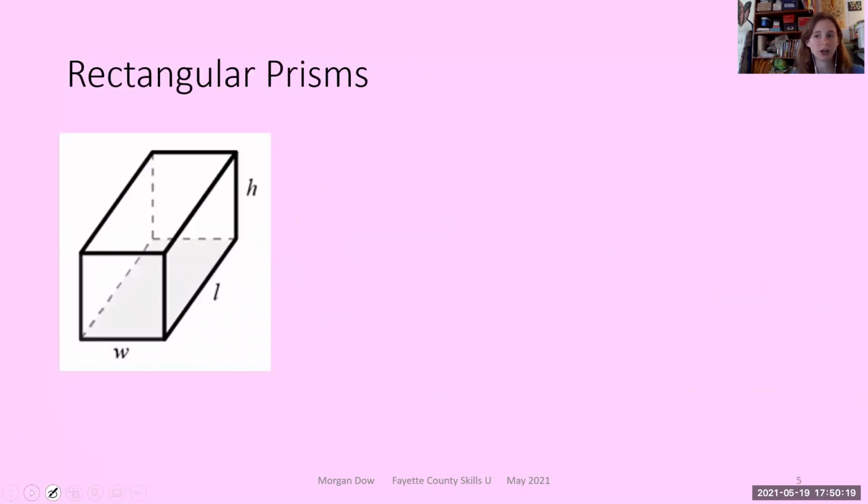Okay, so let's get started with rectangular prisms. We're going to start by talking about volume. So if you take a look at your GED math formula sheet, a formula for volume of a rectangular prism says LWH. So that's length times width times height.